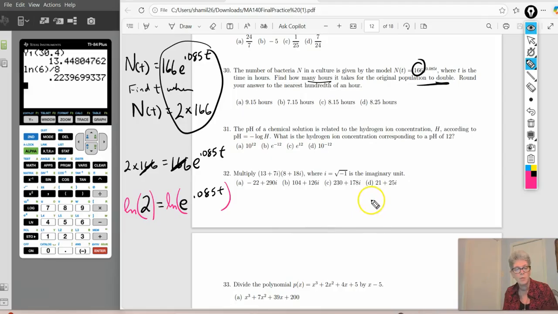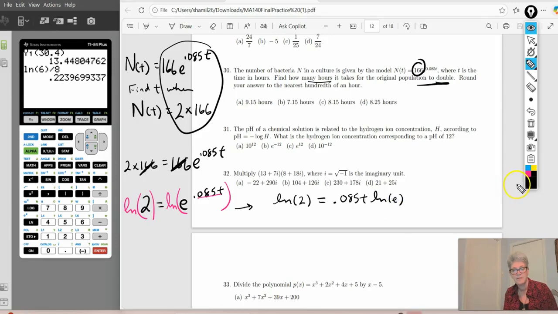Now I'm going to use the power rule for logarithms. It says if you have a logarithm of something to a power, the power comes out the front. And what we're going to get on this side, the power comes out the front, and then I have times ln of e.